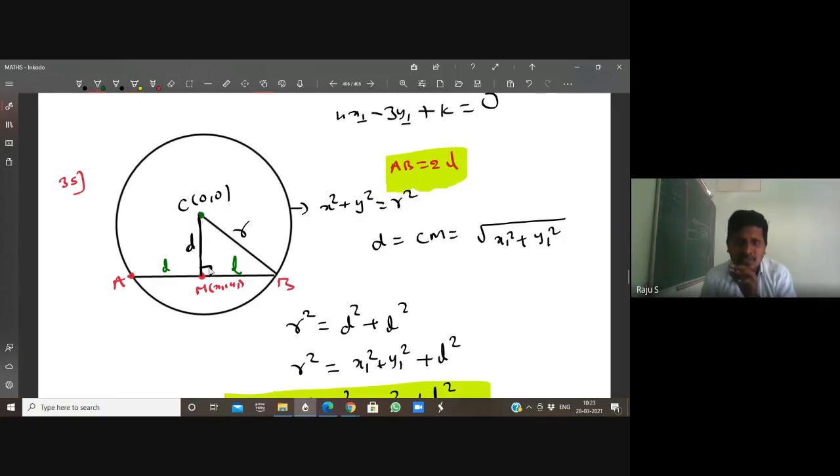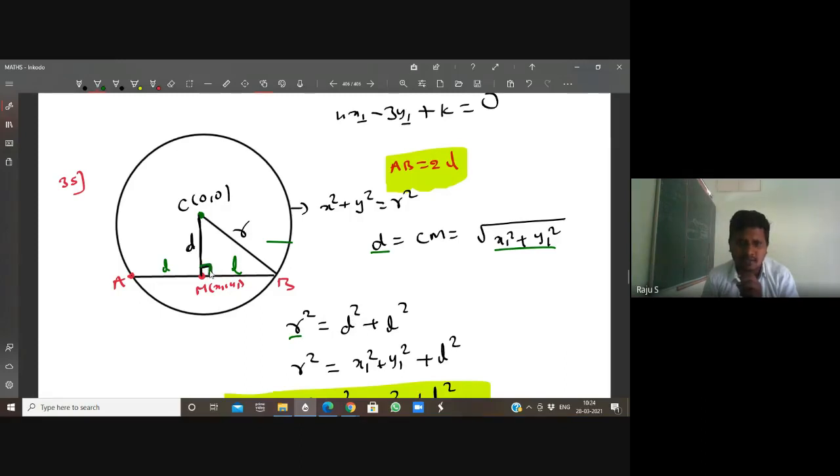The distance from center to the chord I'm taking as d. I used the distance formula, the square root of (x2 minus x1) square plus (y2 minus y1) square, between the center and M, and I got the d value.